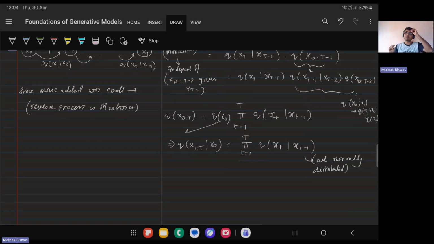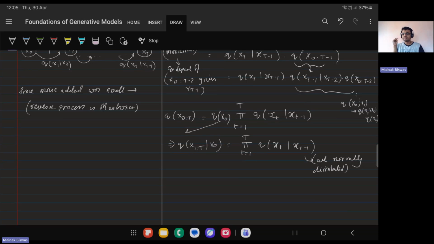I think the product may not be normal, but I think the product of a normal by a normal is going to be a normal. We'll see that. Product mu1 into mu2, to the power of 2. Correct.